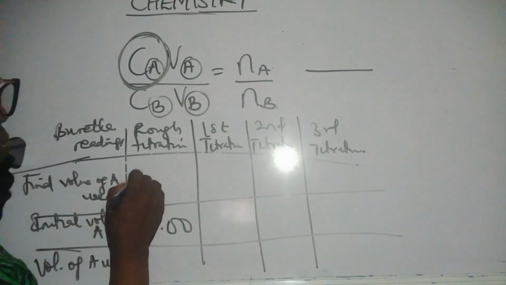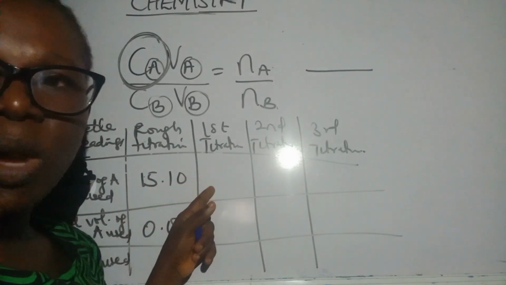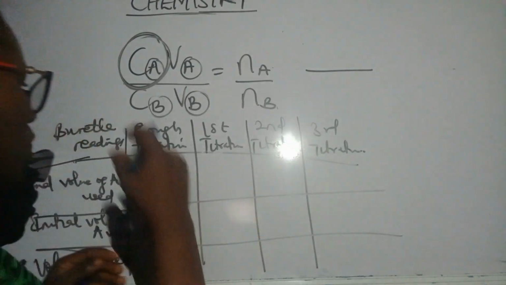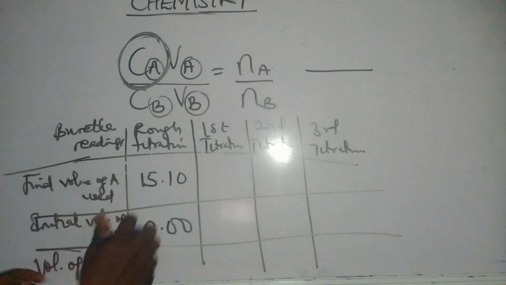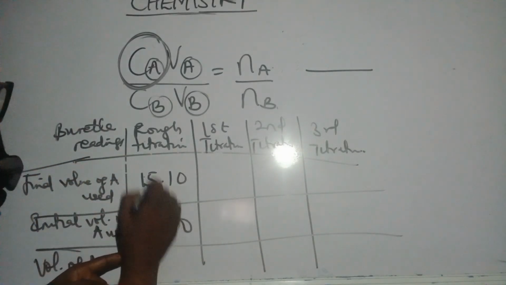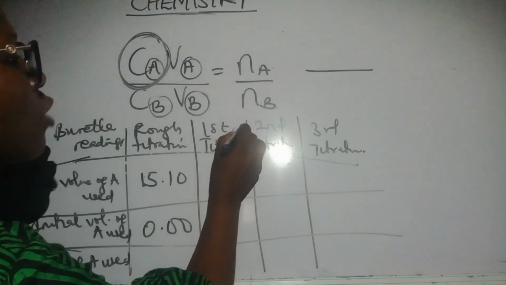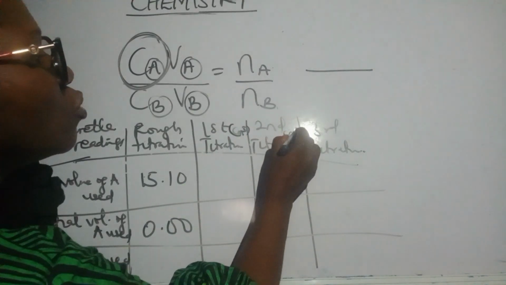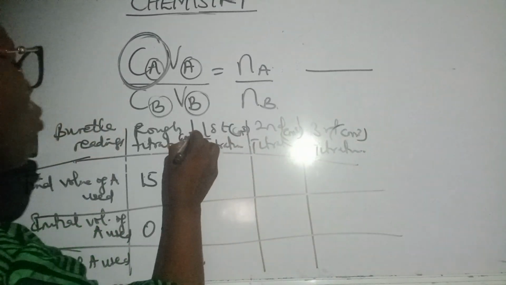For instance, if it stopped at 15.10, there's nothing like 15.12, 15.13, just 15.1, 0.2, 0.3, 0.4 until you get to 16.10. By the time you are deducting this, don't forget something is missing here, which is cm cube. It is very important that you put a unit in everything. Cm cube must not be omitted.